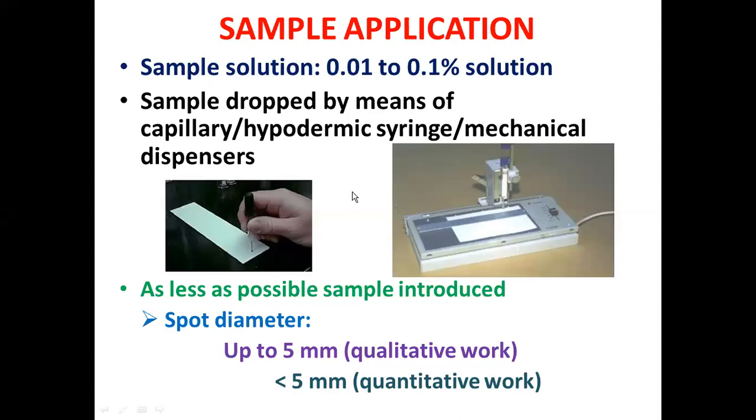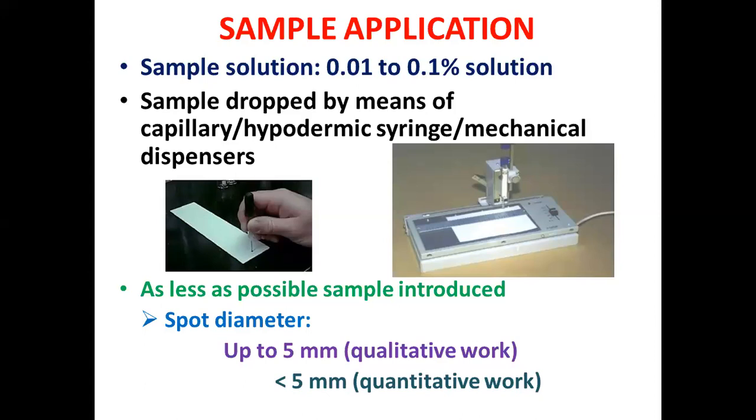Even mechanical dispensers are also available, where auto samplers are linked directly to the hypodermic micro syringe, and that syringe functions in such a way that the required size of the sample is dropped over the imaginary line.